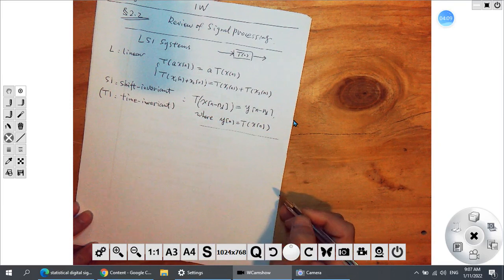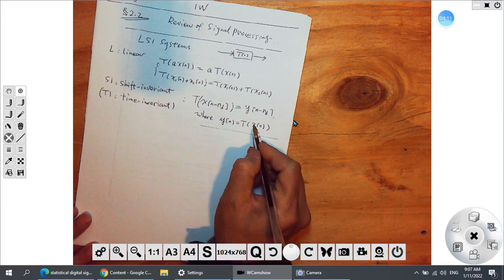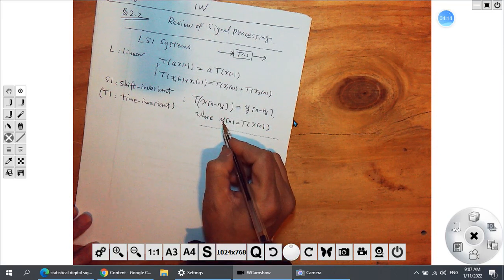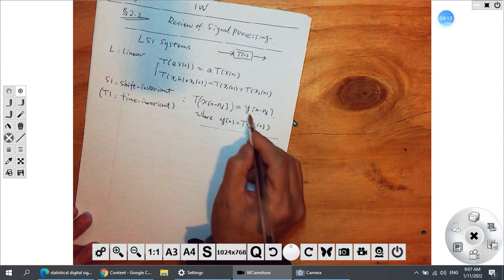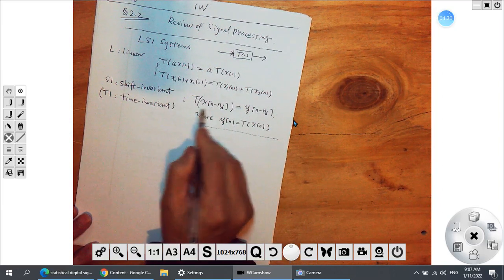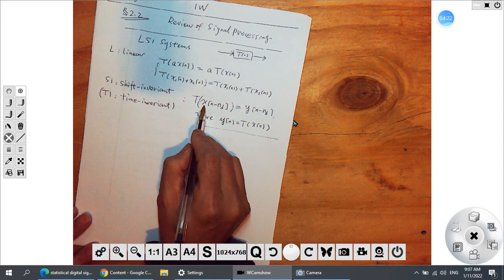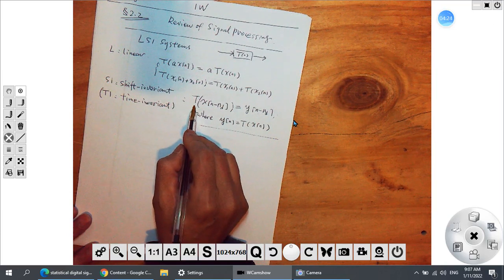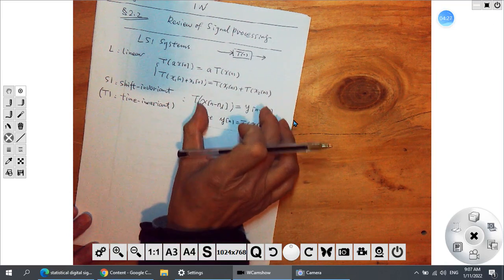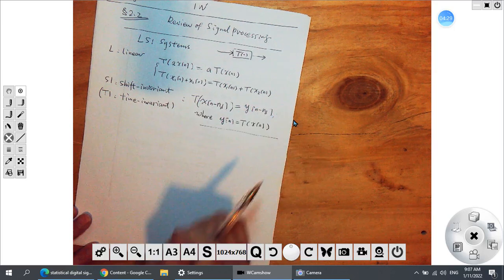You use x as input, you have y as the output, then you shift this y by n_d. On this side you use a shifted x as the input and you get an output. These two signals are the same. So this is shift invariant.